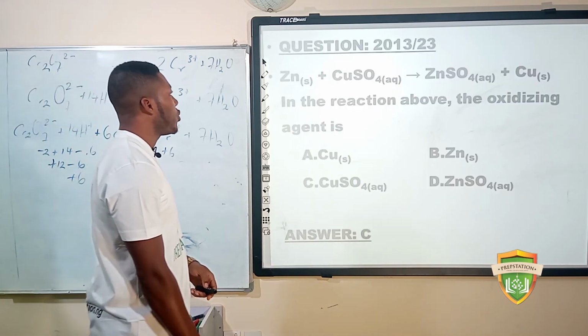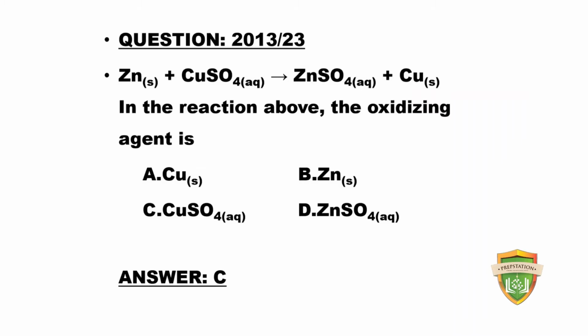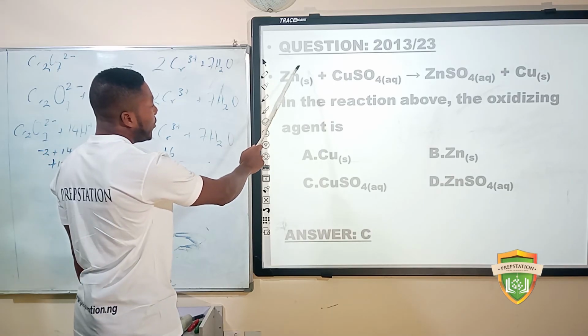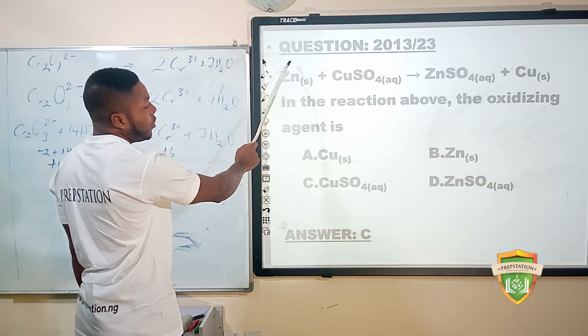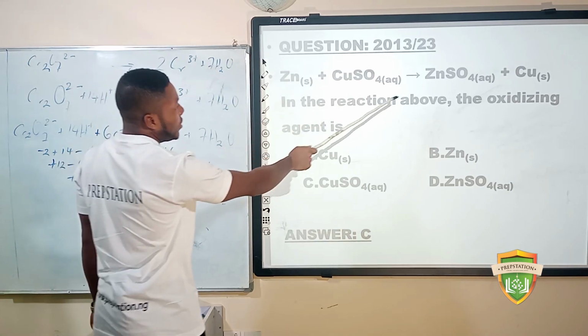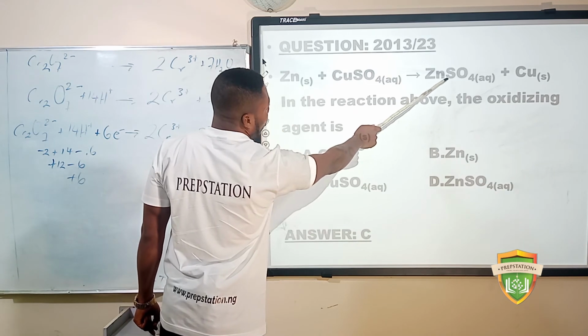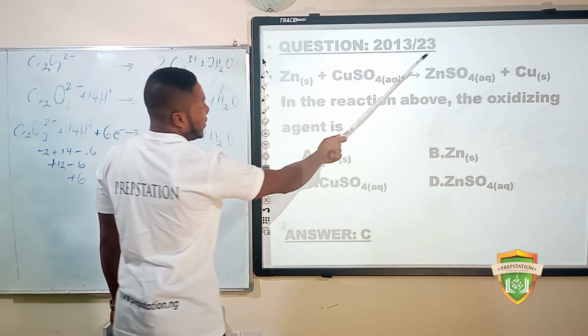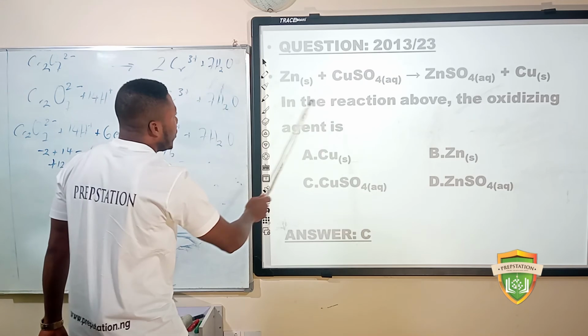Okay, 2013, question 23. Zinc plus CuSO4 arrow zinc sulfate plus copper. The question is, in the reaction above, what is the oxidizing agent? Very simple. For zinc, this is 0, neutral element is 0. This is zinc 2+, for Zn to Zn2+.